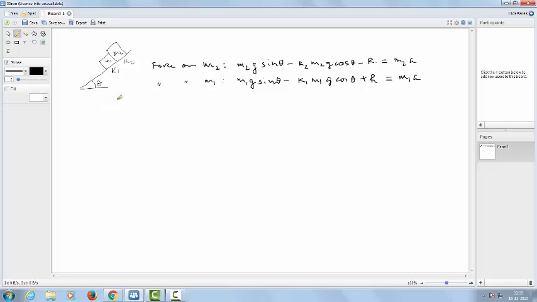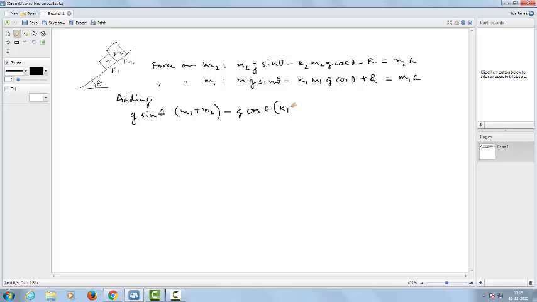Now adding these two equations, we get g sine theta, which we can take common, multiplied by m1 plus m2, then minus g cosine theta, which we can take common.